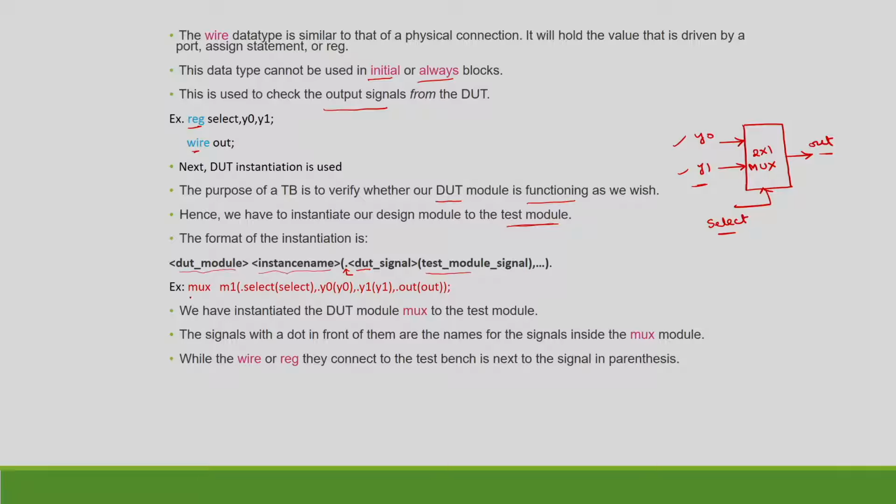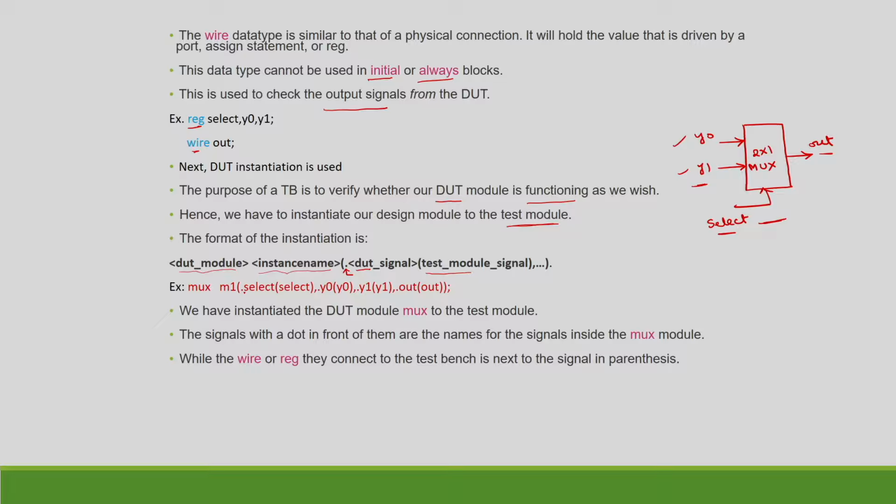If I take for example the multiplexer, here the device under test module name is multiplexer, instance name is M1, these are optional. Then we have this select.